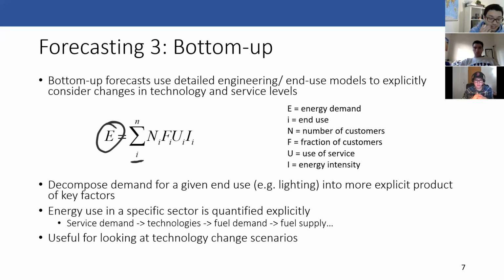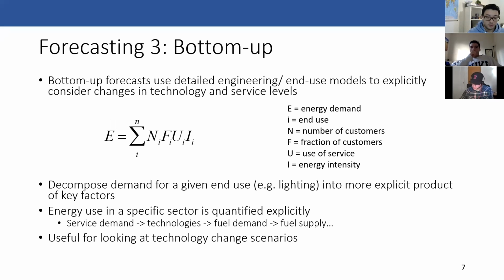The nice thing about this is that you get to explicitly identify the demand across all of the different sectors. And if I want to specifically change one technology, I can do that here. I can go into the correct I and figure out how each of these is going to change.